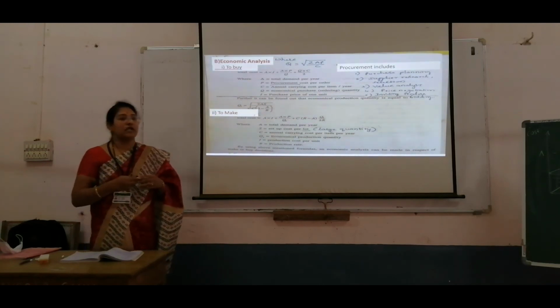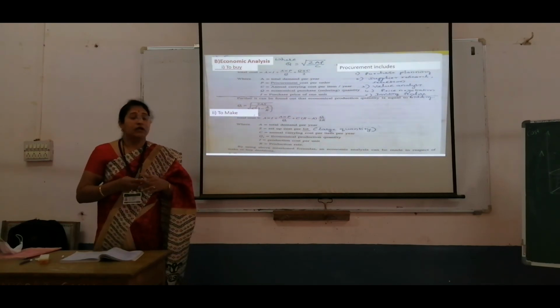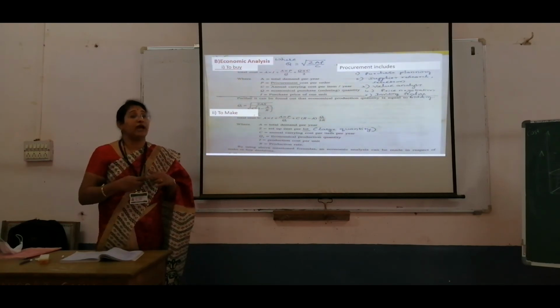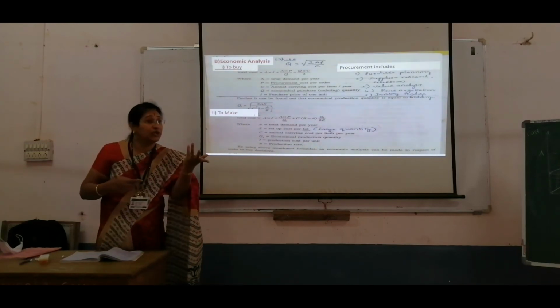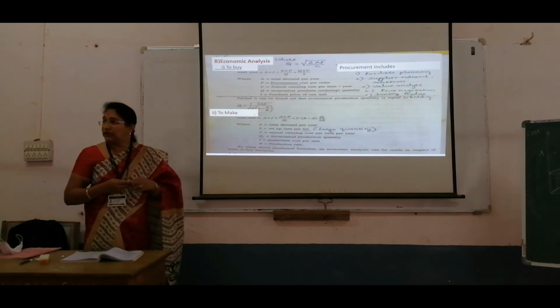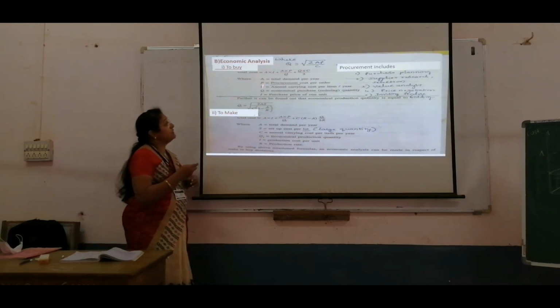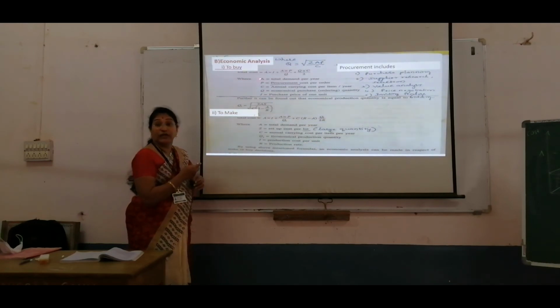I am taking the same example, the transformer, because you can understand easily. To purchase a transformer, what is its cost? What is the cost of one transformer, 50 or 60? That is called the purchase price of 1 unit. Is that clear? So using all these, the total cost is calculated using this formula.